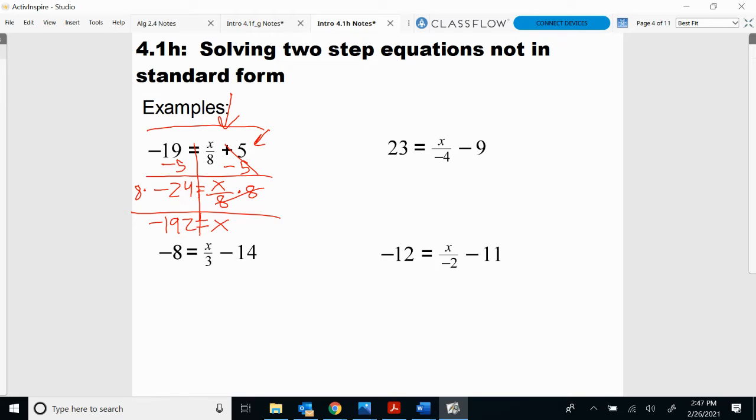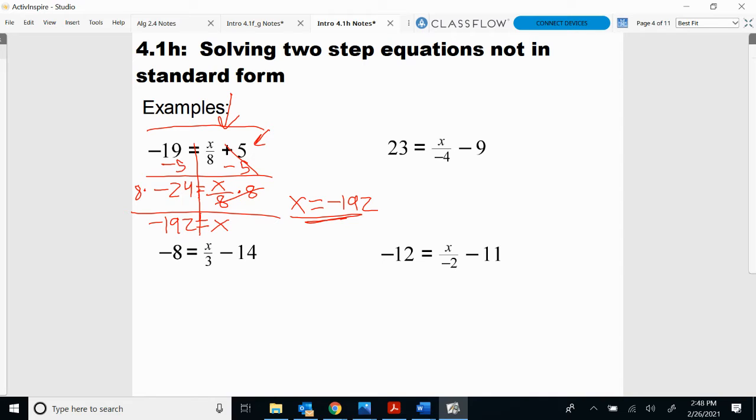Okay, and we'll get that turned around, because I know some of you guys don't like the way that's written. Caden especially, he doesn't really care for that too much. So we're just going to put that the other way, and that can be our answer. All right, so x is equal to negative 192.